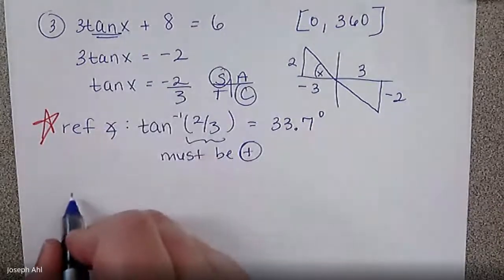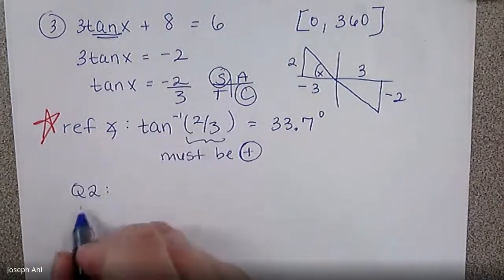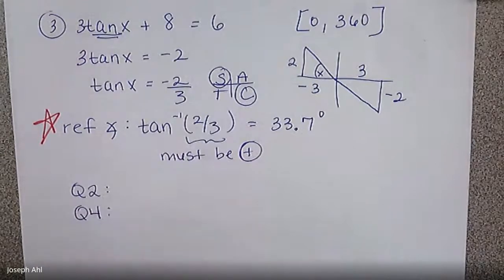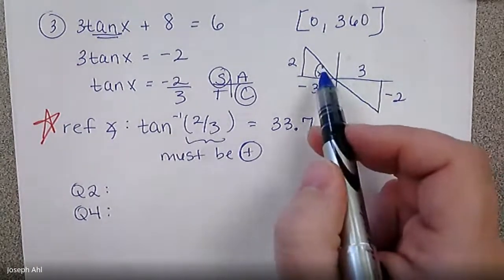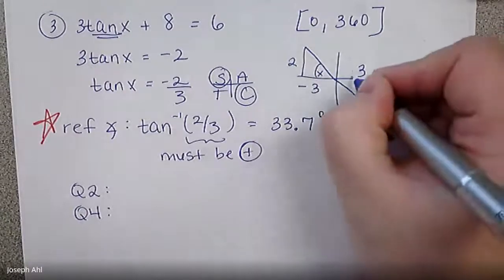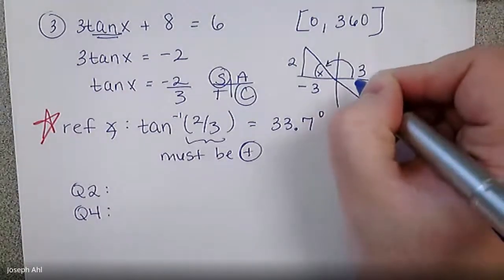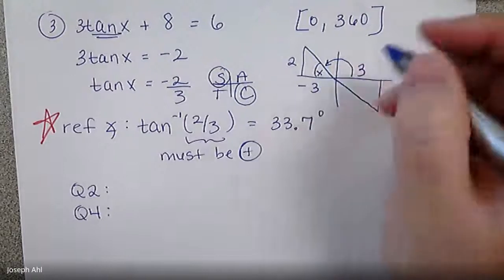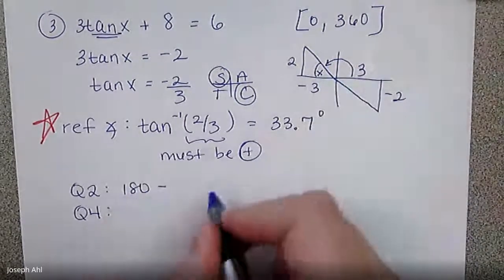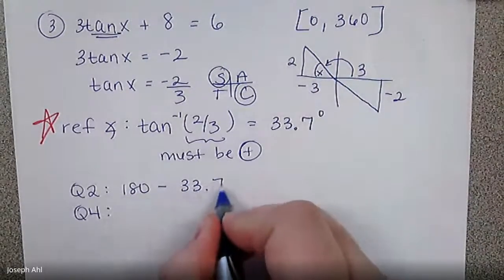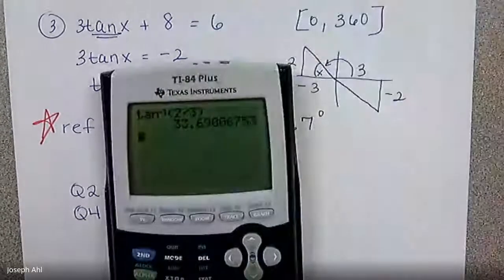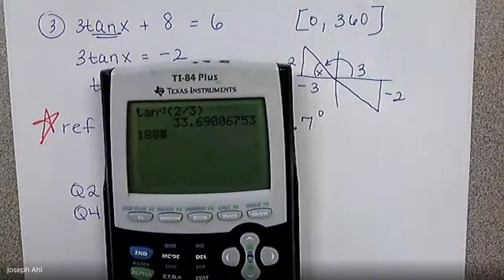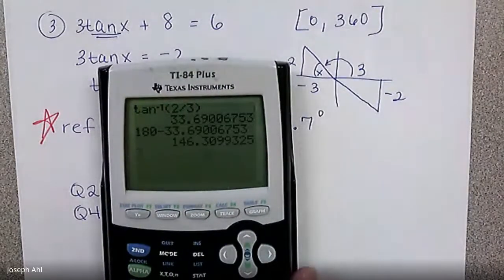The answer is actually no, because we know we have to get a quadrant 2 and a quadrant 4 answer as my results. We haven't done quadrant 2 yet, but if this angle is 33.7, the quadrant 2 angle, this one right here, is going to be take a half circle of 180 and subtract the reference 33.7. So 180 minus this reference is 146.3.